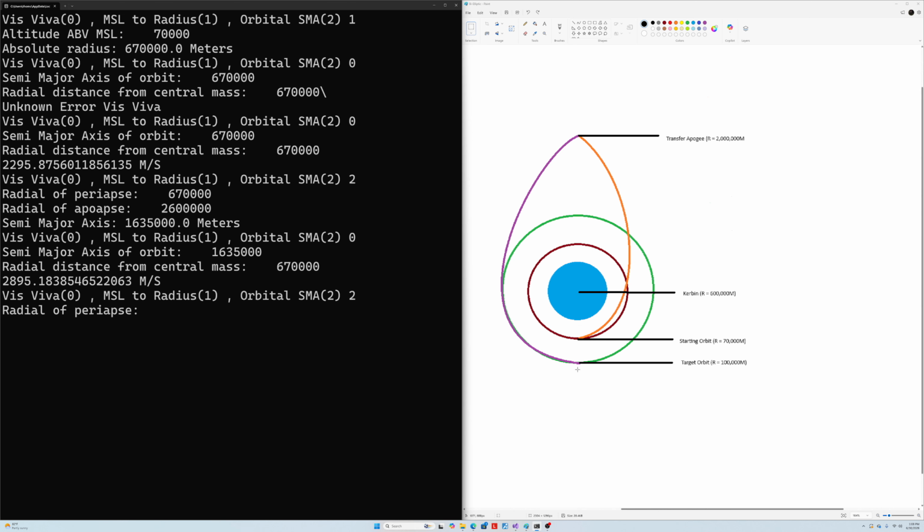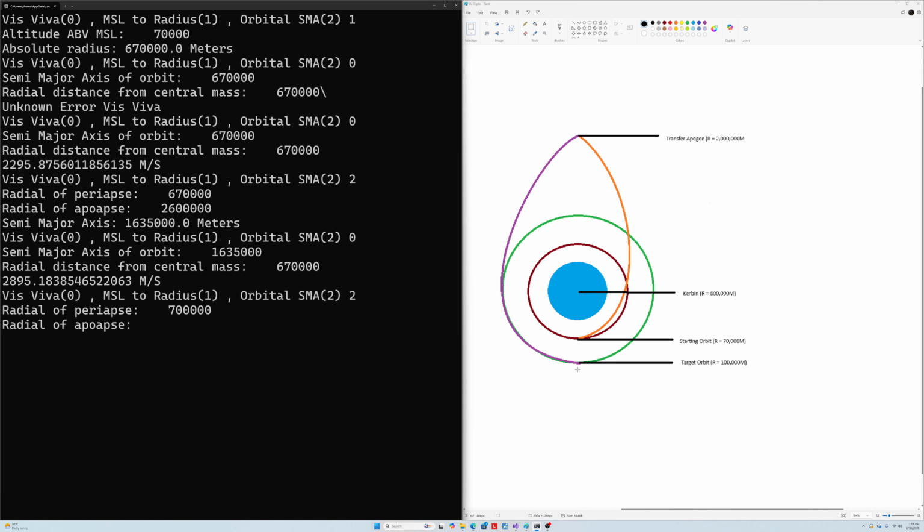The radial of our periapsis should be about 700,000 meters because our distance from mean sea level is 100,000 meters and Kerbin has a radius of 600,000 meters.